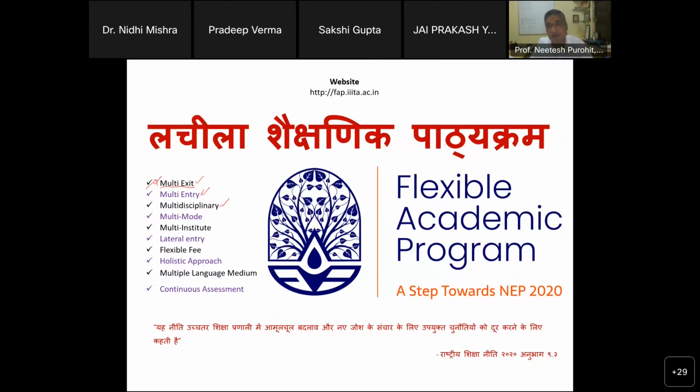Now, this is something which is required to be enabled. And this is not only about engineering to engineering, one stream to another stream, but it is also stated that there should be provision that if an engineering graduate wants to go to some arts, history, geography, anything, then that provision should be there.